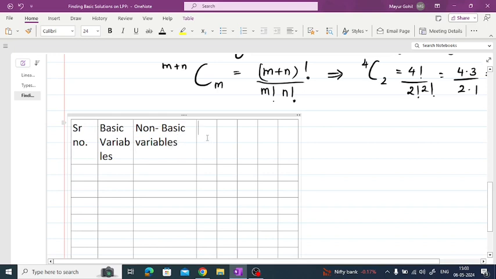Next we will need the value of the basic variables on solving the conditions that you get.